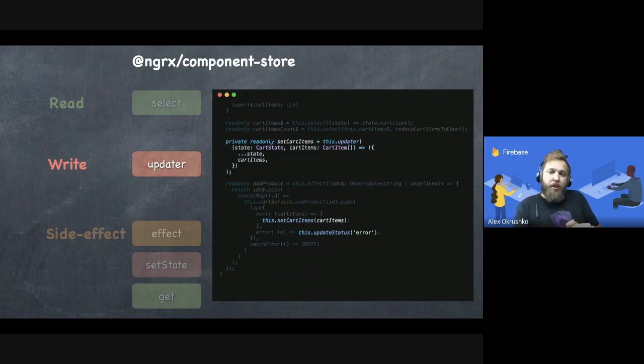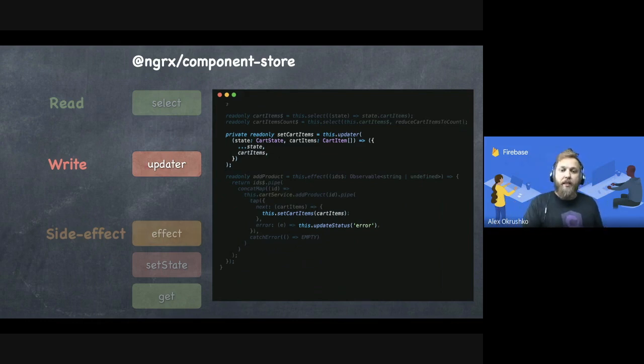And what's interesting, set card items that it returns can now be used as a function, right? So you see down below, it's called with card items. Or another example is update status that's not implemented there. I could just pass a single value to it, right? So every time I pass the value, it would recalculate the state and save that state, and then all the selectors react to it. So this is how we read, this is how we write.